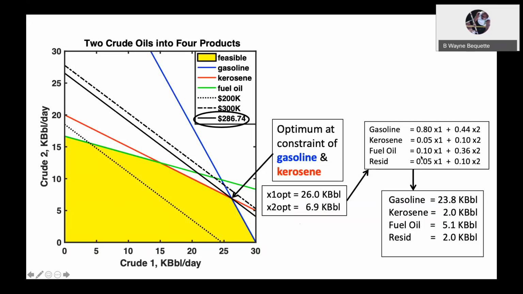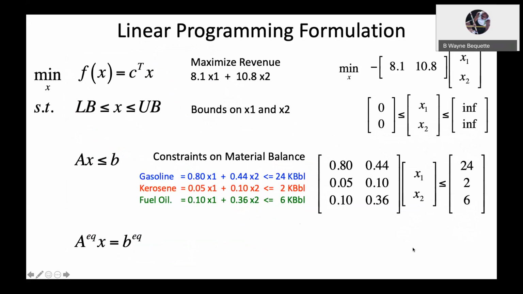When you go through that calculation, you find this set of products: gasoline 23.8 thousand barrels, kerosene 2, fuel oil 5.1, and resid 2, and they sum up to the total of crude oil 1 and crude oil 2.